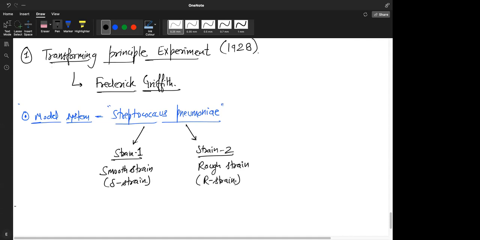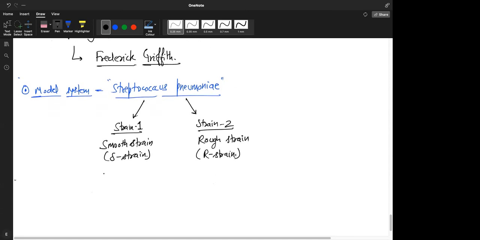Is it clear, everyone? Yes, sir. Now, this smooth strain is actually virulent or lethal. Like this kills. Whereas the R strain is non-virulent or non-lethal. It causes the infection, but it is not deadly.